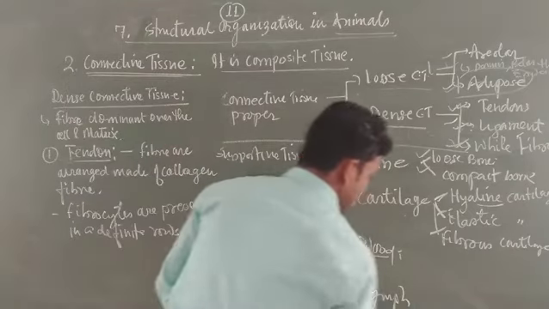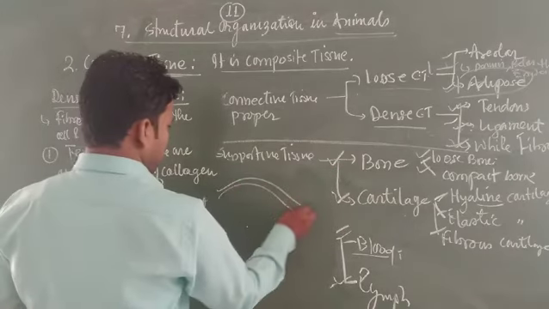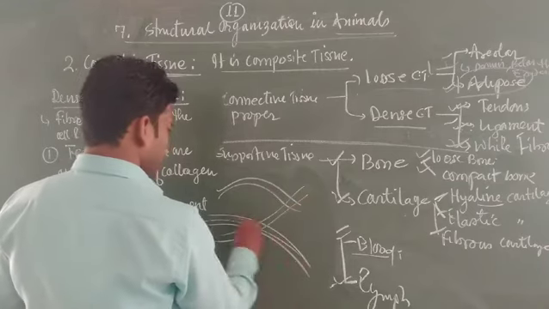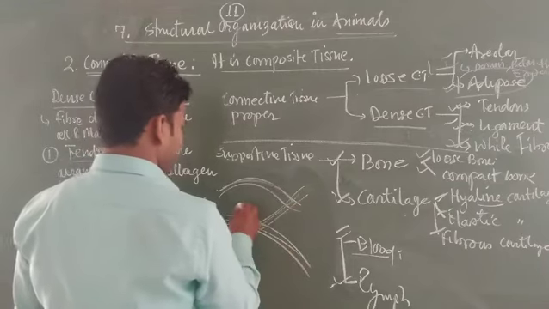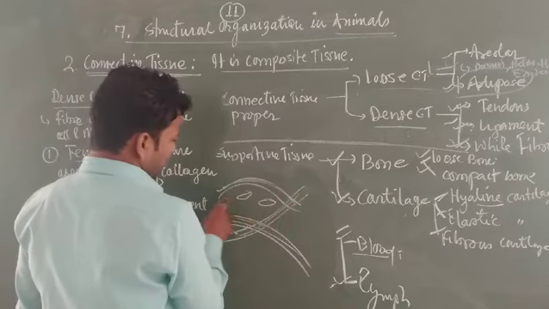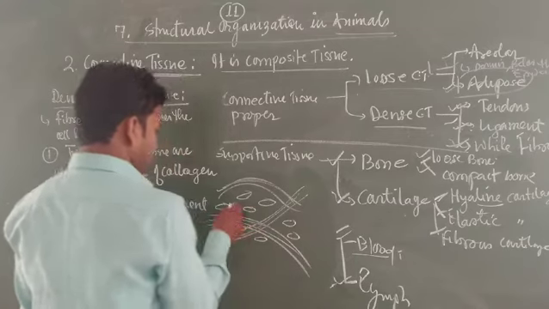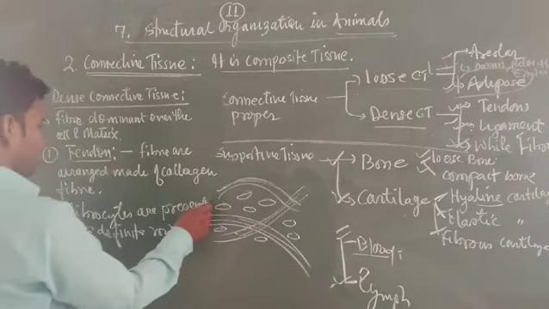In the diagram, this is a fibroblast made up of collagen fiber, and this is a fibrocyte that is arranged in definite rows.